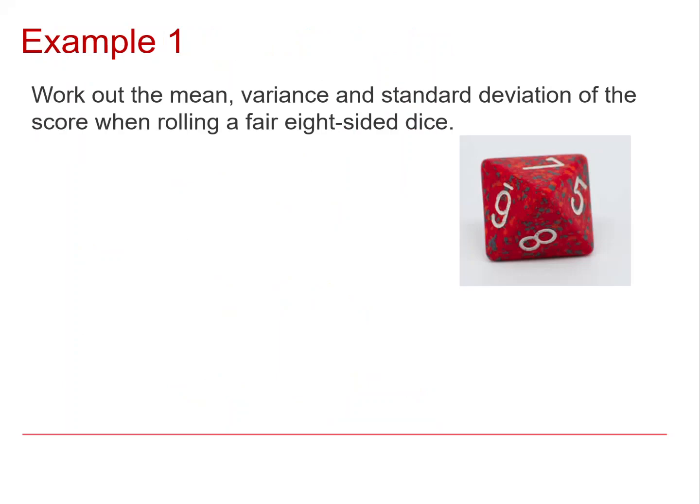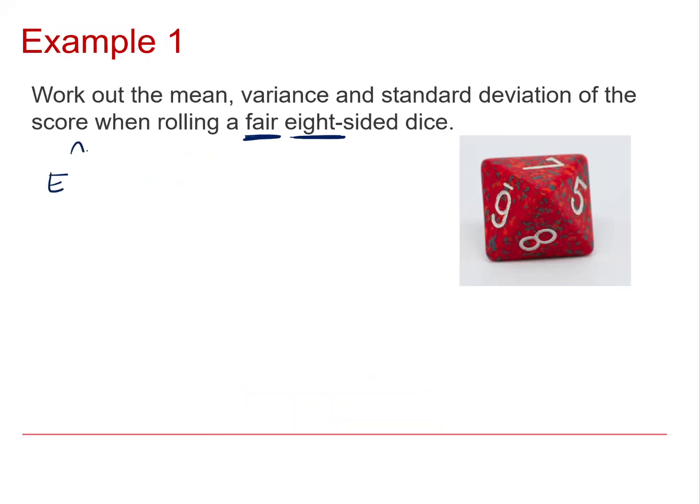So if we get a simple question like this, work out the mean, variance and standard deviation of the score when rolling a fair 8-sided dice. So we know we have a uniform distribution because it is fair, and it has 8 possibilities from 1 up to 8.